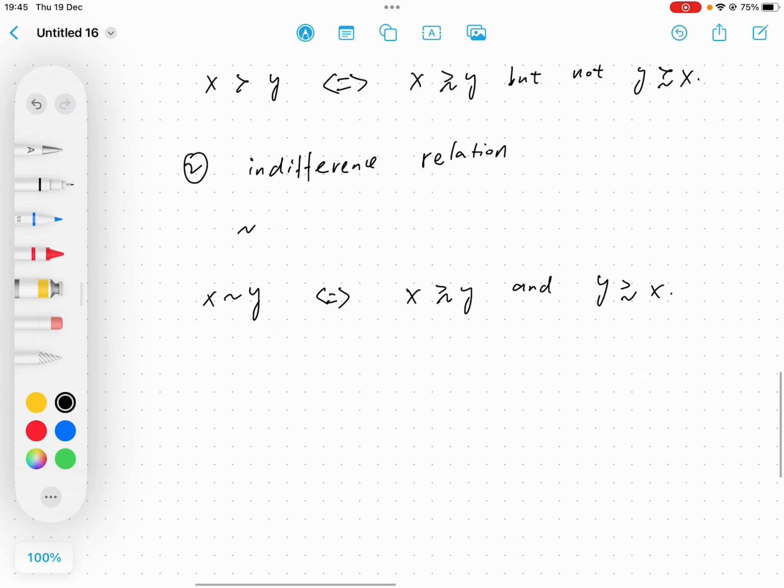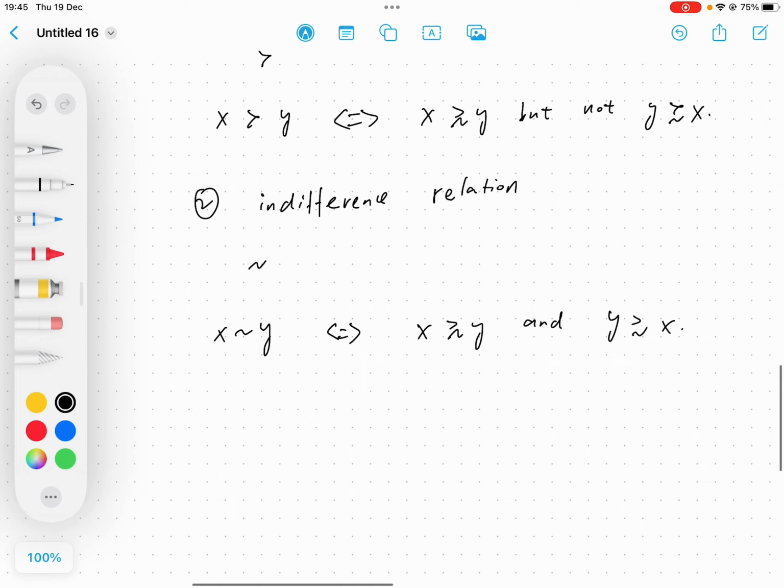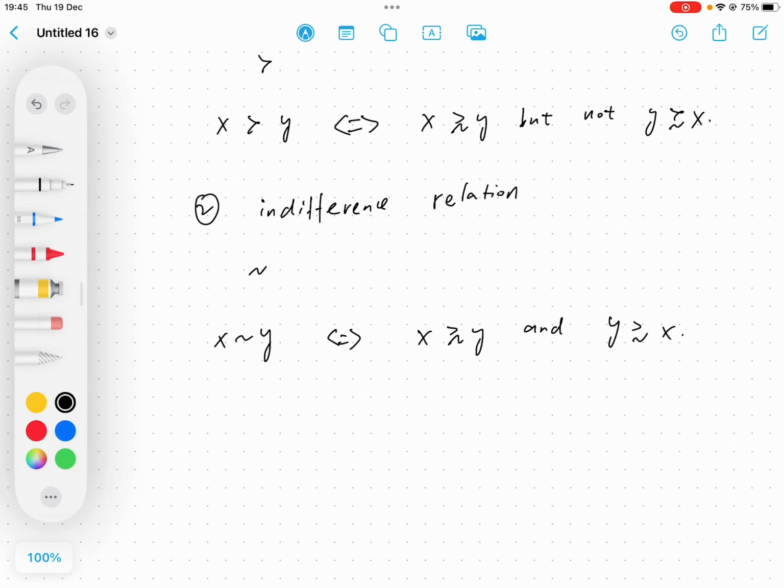So that they are indifferent. Okay, and this can be read as x is indifferent to y. Okay, good. So those are the definitions.